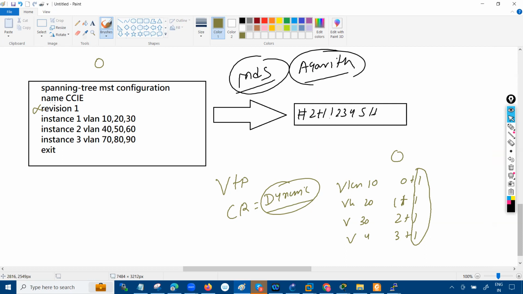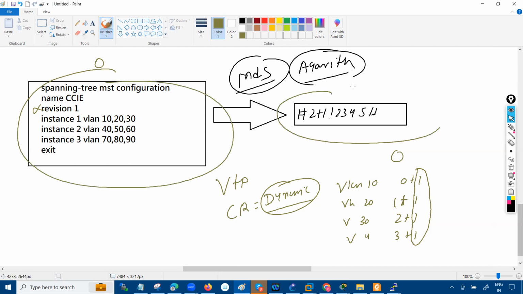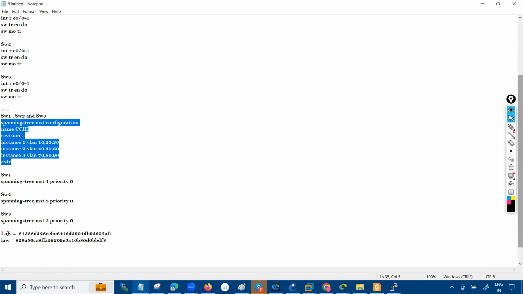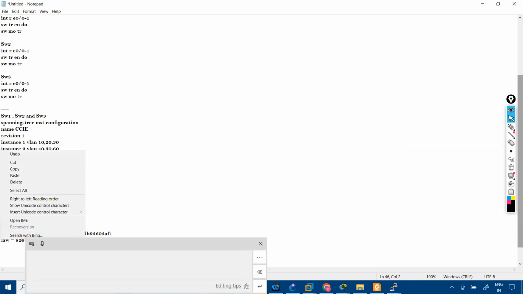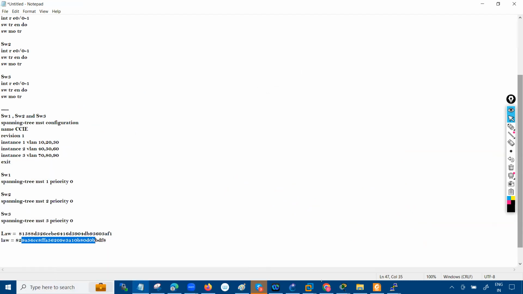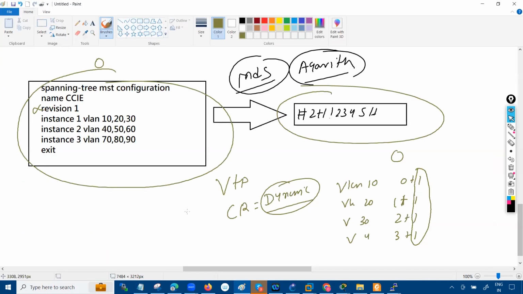It lets another network engineer know that someone modified this database. If someone modified the database, your hash value will change. I just gave you the example: if I change one digit, my hash is completely changed. Same thing over here.